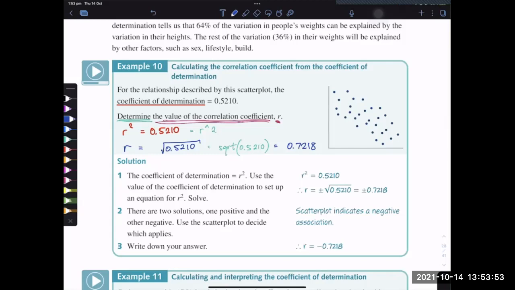The slope's going down. What are you looking at to see that it's going down? If we look at the graph, we can see that it's on a negative trend. If I draw a general line through it, as we're going from left to right, we're going downwards. So this means that R is negative.